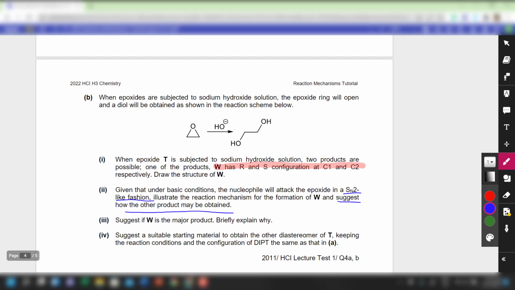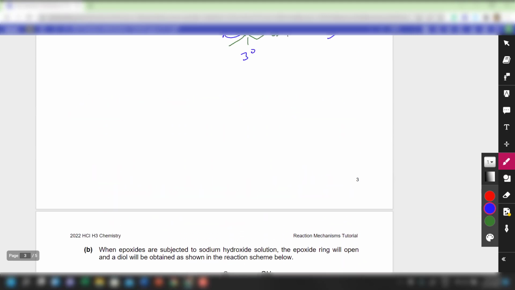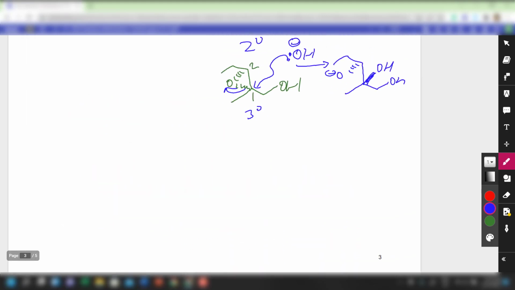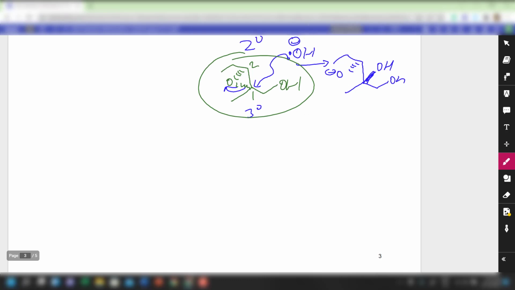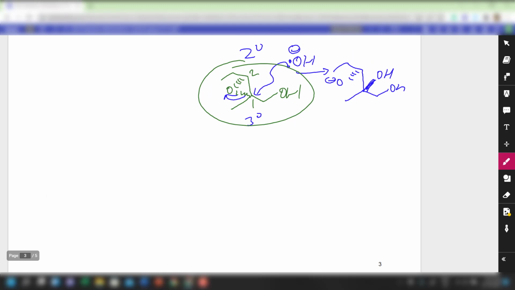If you get the correct configuration, then that will be W. If you get the opposite, then you just swap the relevant stereochemistry around, and you should be able to get the correct answer for part 1. I'm also going to introduce you to another perspective for drawing such a mechanism in a slightly more elegant manner, so that you end up with a relatively nice staggered configuration as you draw your mechanism.